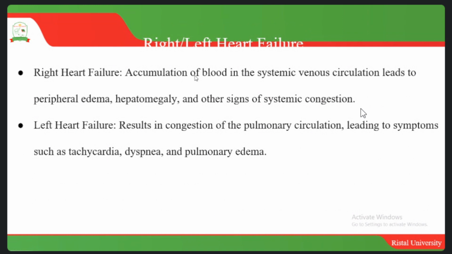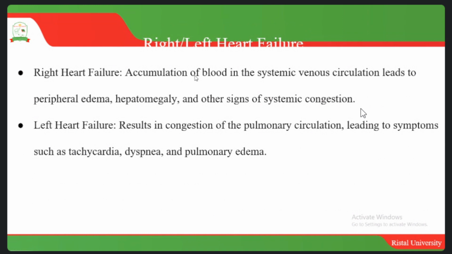Then left heart failure results in congestion of the pulmonary circulation, leading to symptoms such as tachycardia, dyspnea, and pulmonary edema. So the pulmonary circulation involves the heart and the lungs. When it fails, there will be a problem. Somebody's lungs can be affected because the heart is not able to release the blood. The blood that comes from the lungs has nowhere to go.